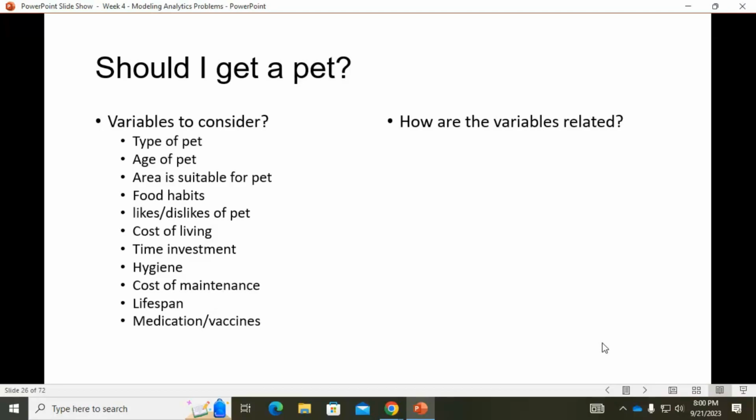This is nice, but some of these variables are actually directly related, right? Like, for example, things like medication, vaccines probably factor into cost of maintenance. Cost of living is probably related to area that's suitable. Lifespan and age are directly related.